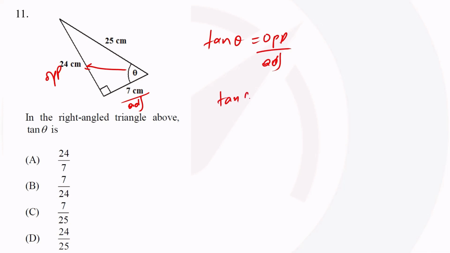So therefore tan of the angle is equal to 24 centimeters over 7 centimeters. So that's A, 24 over 7.